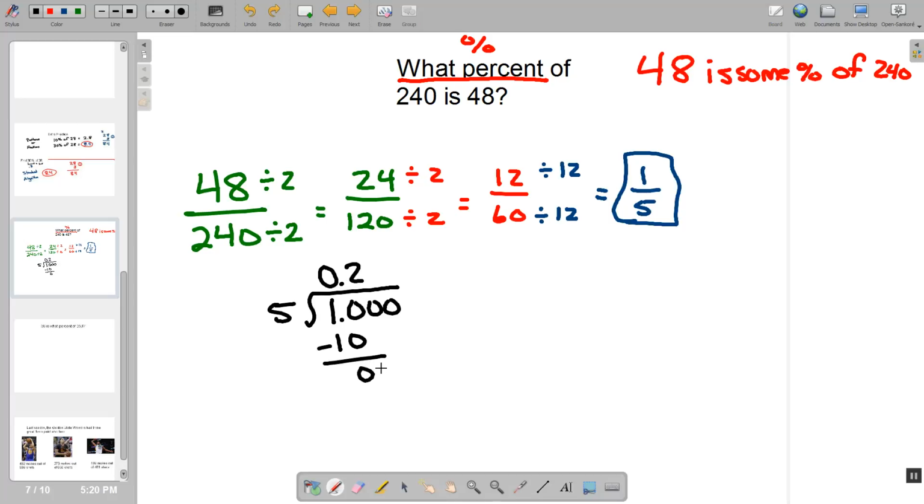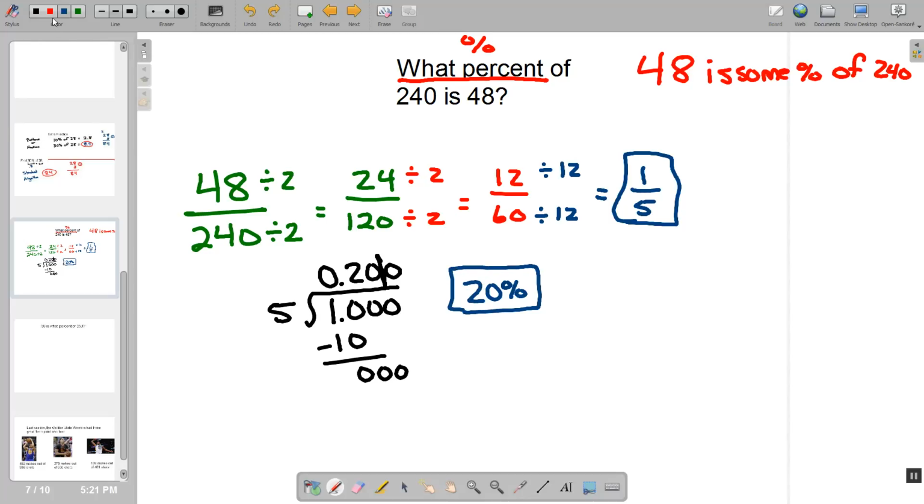And actually, remainders are 0, so we got really lucky here. Hundredth is the same as percent per hundredth. So we put our digit right there, and we get an answer of 20%. So long division actually wasn't too bad for this problem.